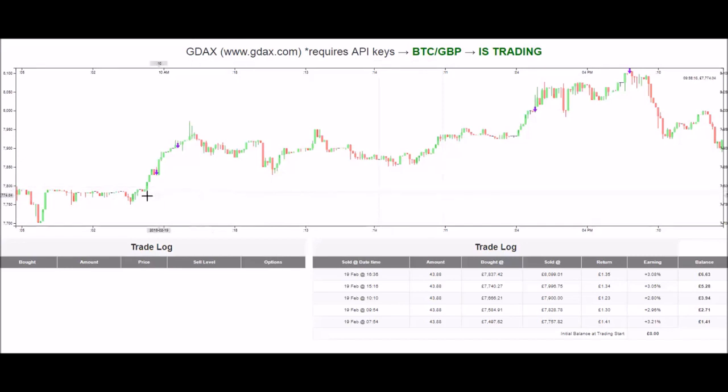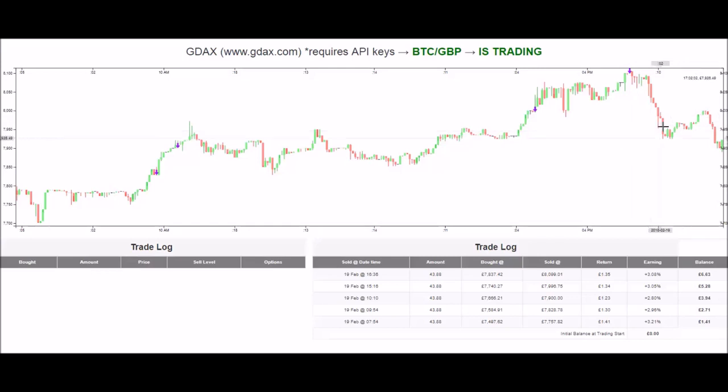This is actual trading, and here you can see the actual trading going on at the moment. You can see the bluey purple arrows here, and these are the trades and when they close. So it closed a trade here, another one here, so that's 2. It's closed another one here, 3, and another one here, 4.